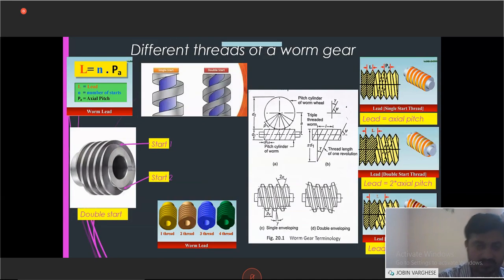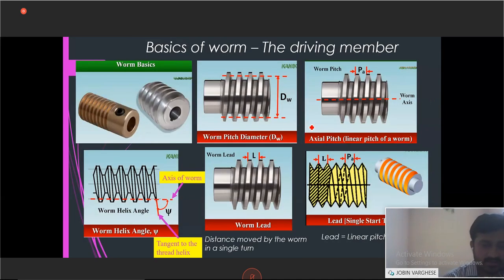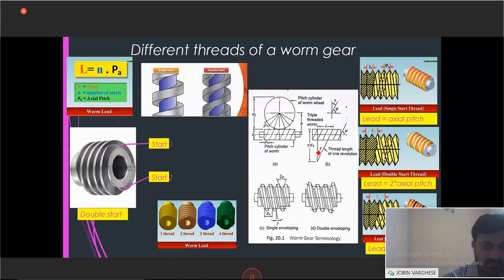You can see this is the lead angle, this is the helix angle. They are related like this. If you just add them together, the relation is gamma plus psi, or usually beta is used in the data book. So gamma plus beta equal to 90 degrees. We can use that relation if needed. Okay, sir.